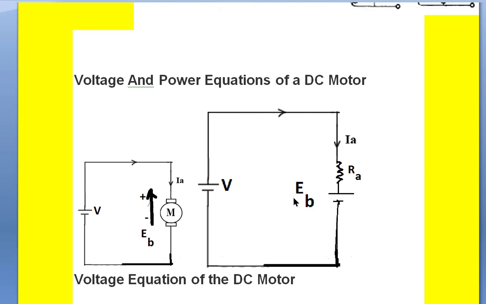Since the back EMF is almost equal to the applied voltage, the current that flows in the armature of the motor is much restricted, that is, V minus EB divided by RA under running conditions.